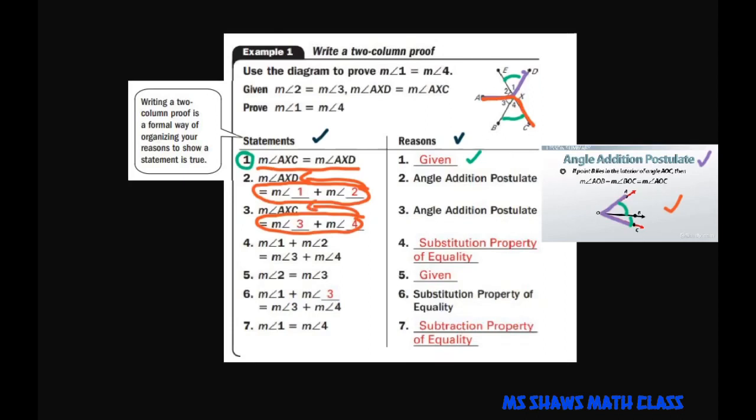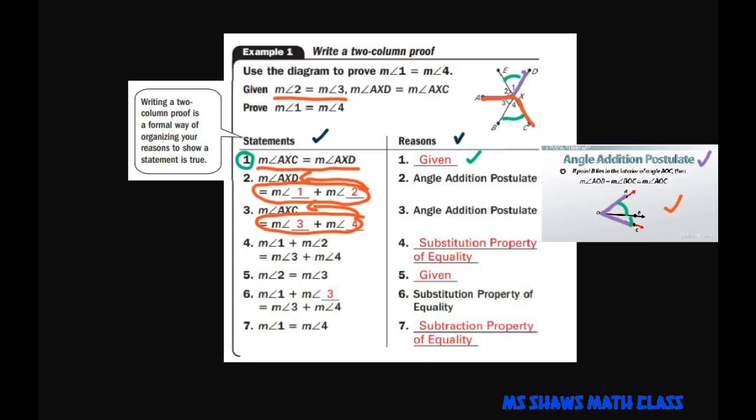All right. Then we did our given again. So we have another given, this one. Then we used the subtraction property of equality. And basically, it's kind of hard to see there, so let me move it down a little.